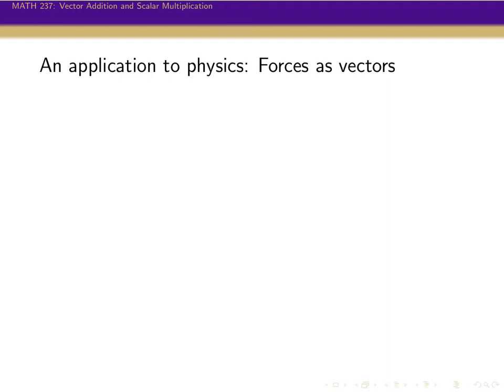additively, right? So if we have some particle in space and it has one force pulling it that way, and it has another force pulling it that way, what's the total force on it? Well, what we're going to do is we're going to add the two vectors together.